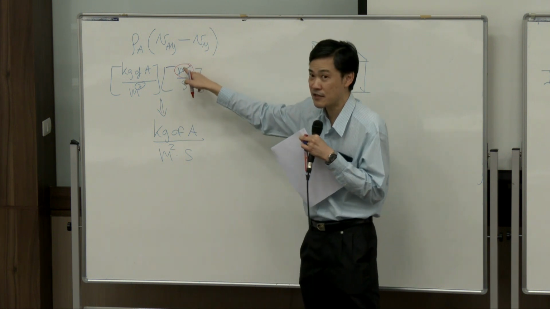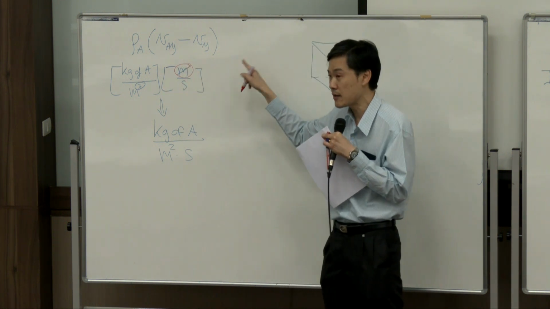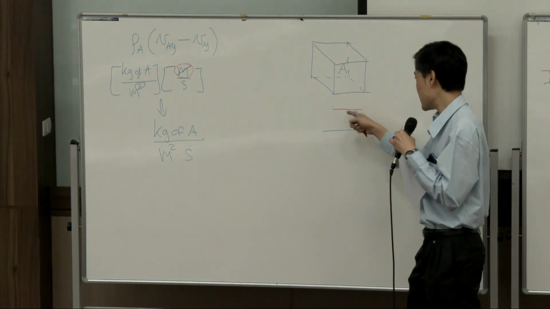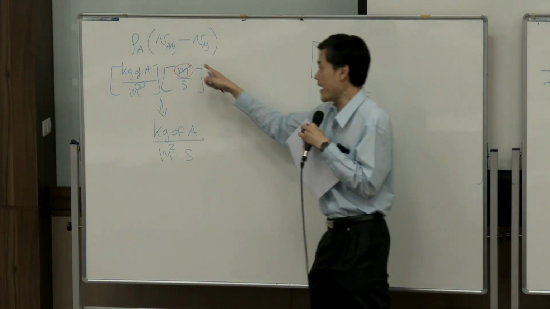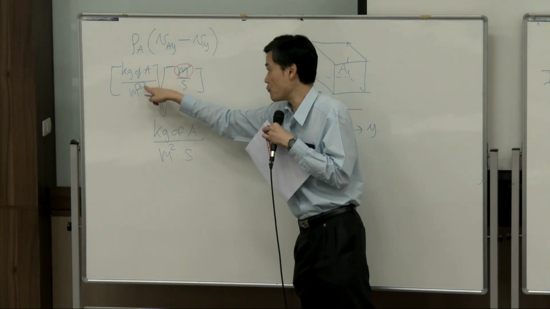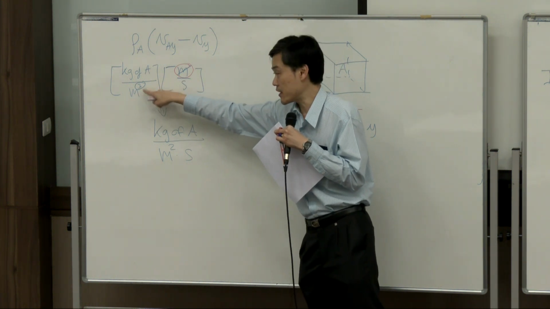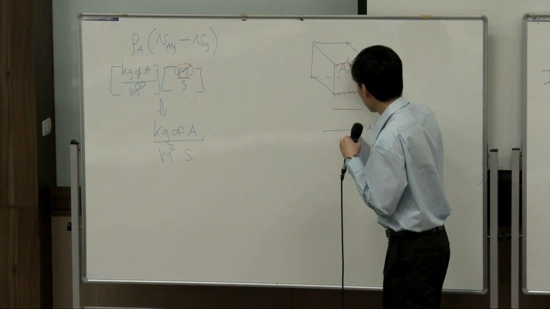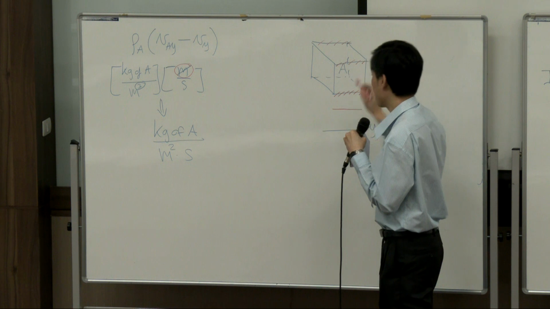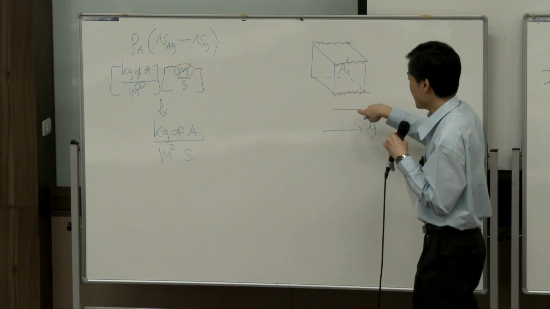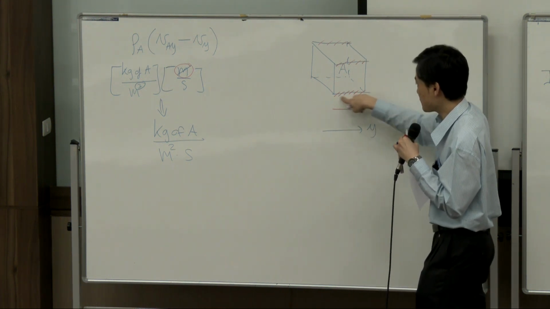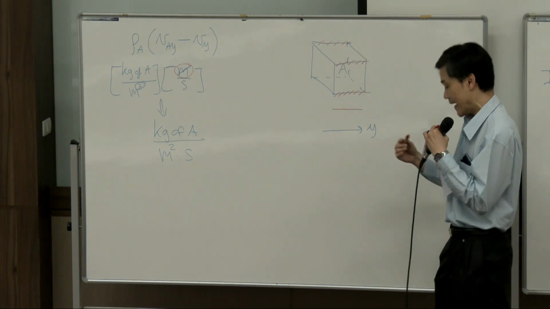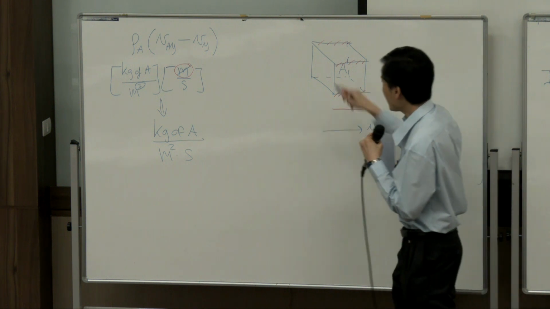This meter is the distance traveling in the y direction per second. When you cancel this part against one of these meters in the cube, this red line cancels this dimension of the box, leaving only this area.